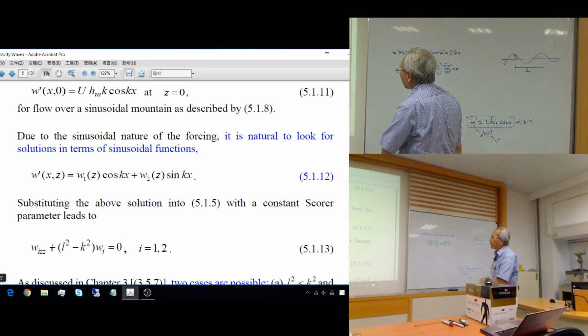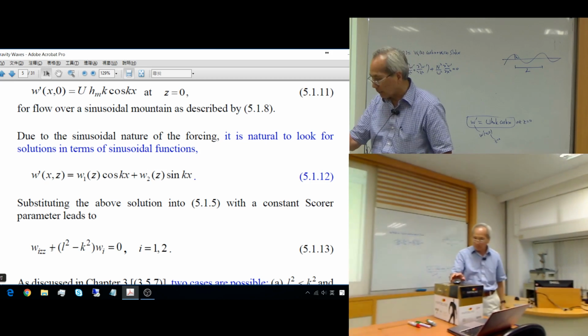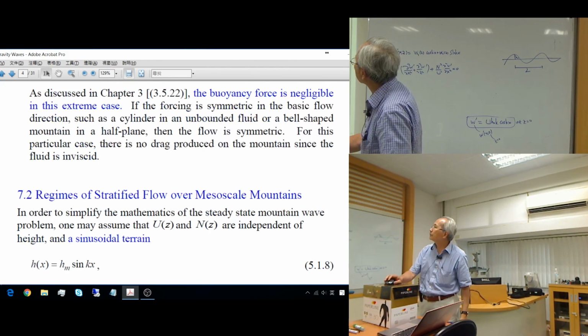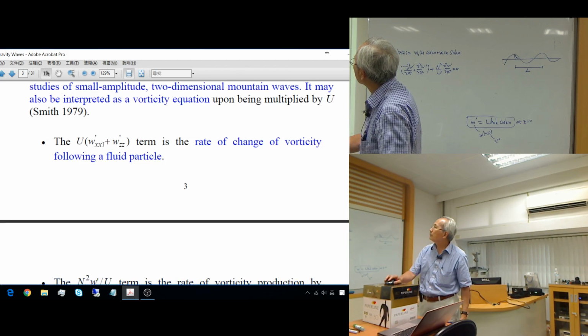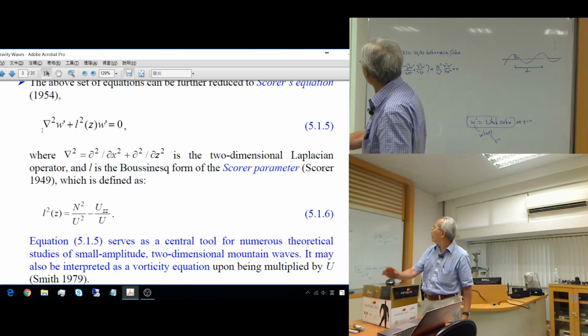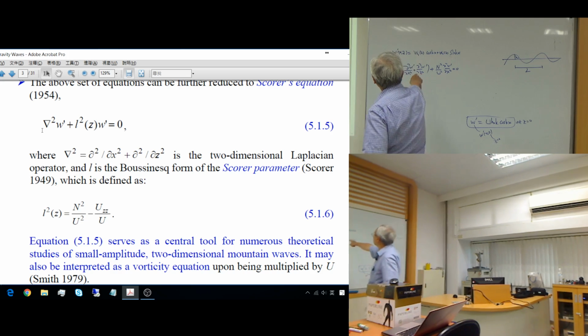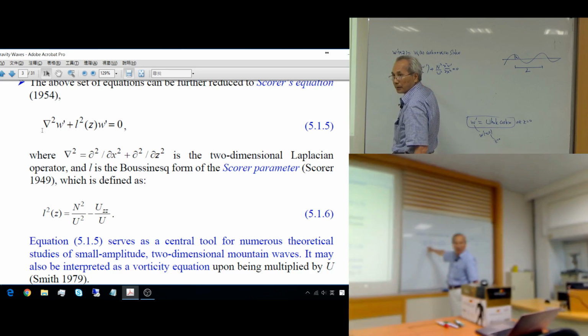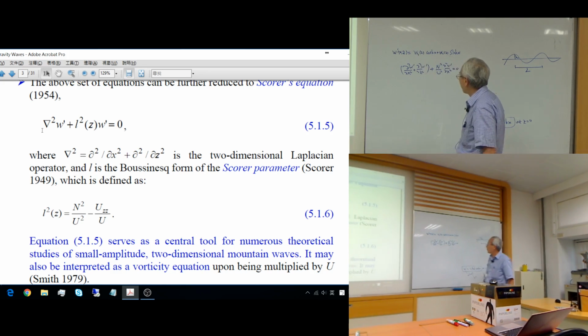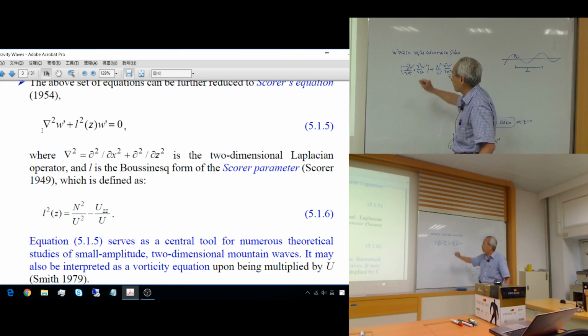I believe that's correct. Let me double check it. I believe that's correct. That's this equation, right? So here will be like this: the Laplacian, partial square partial x square plus partial square partial z square, of w prime.